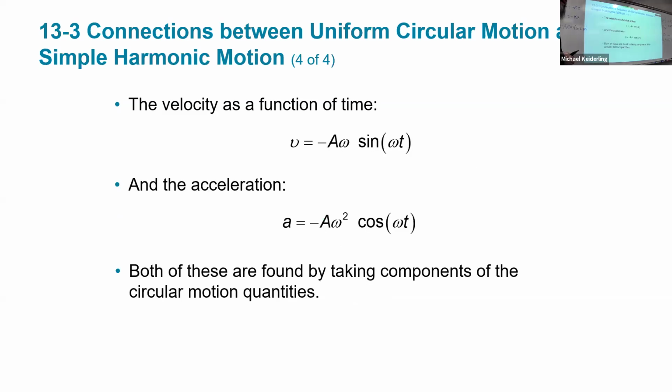Now, one of the nice things is that we have a function, so we can take a derivative. We have x as a function of time. If we want velocity, that's just the derivative. So velocity as a function of time is minus A omega sine of omega t plus phase.